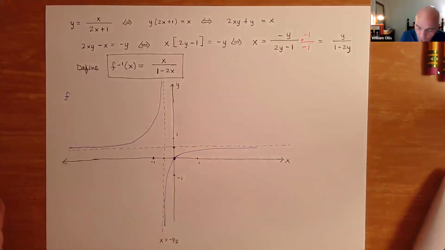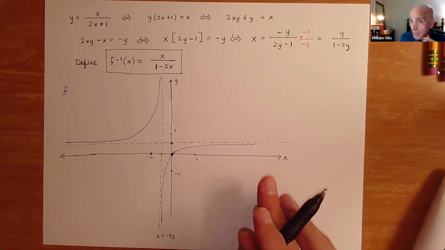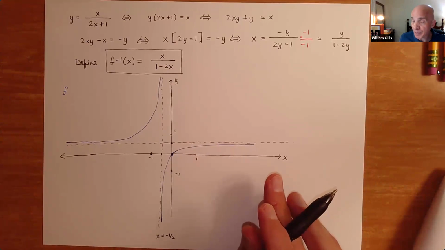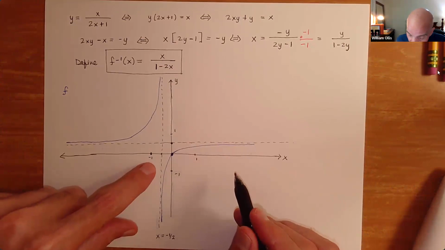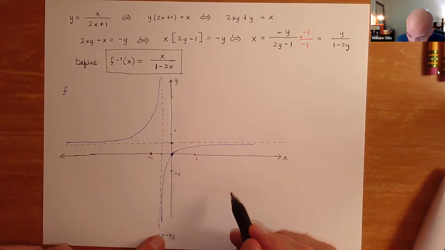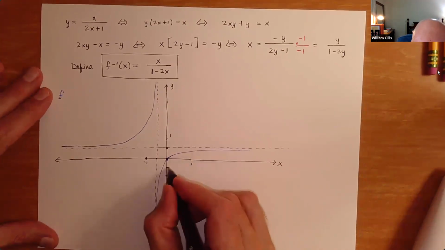And now we don't have to work very hard to get the inverse function. Even the reflective property is not going to be difficult. What's going to happen is that now the vertical asymptote x equals negative 1/2 becomes horizontal, y equals negative 1/2. So we can go ahead and plot that.